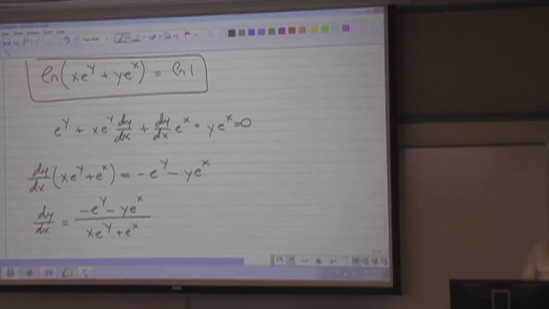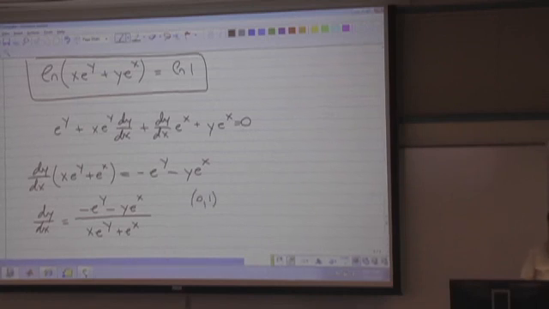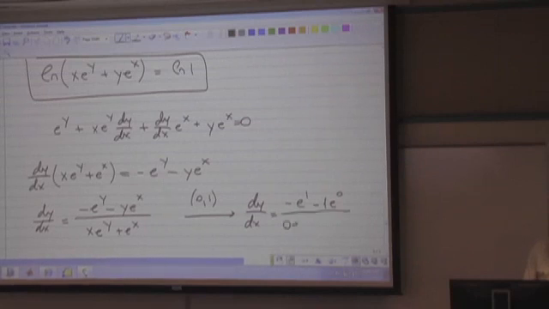Now the point we're interested in is the point 0, 1. So if you plug in the point 0, 1 in here, you'll end up with minus e to the first minus 1 e to the 0 divided by 0 times e to the 1 plus e to the 0.